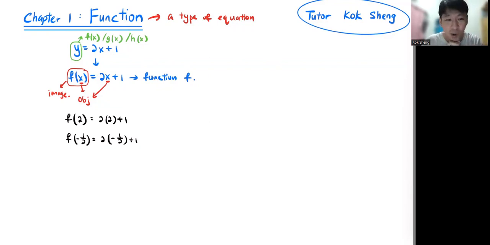And then continue. It is possible that your object becomes like this: they might change this object x to be another function, maybe I put here g(x).